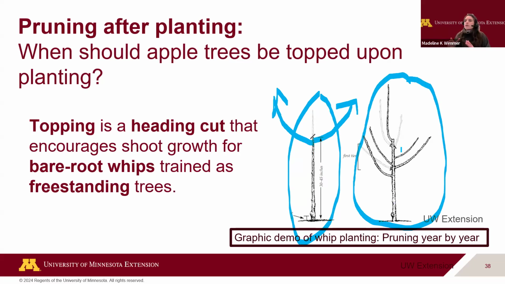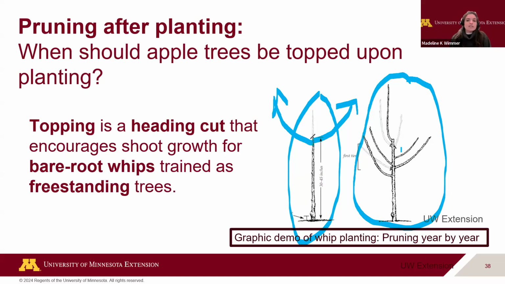The other option is that you might get a feathered tree. A feathered tree means that it's a bare root tree that still has some branching that has started. In that case, you may be doing some heading back, or you may be leaving it and just selecting which of those branches you want to keep and which ones you want to remove.